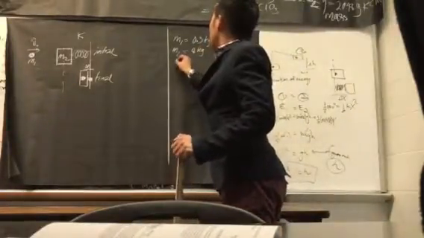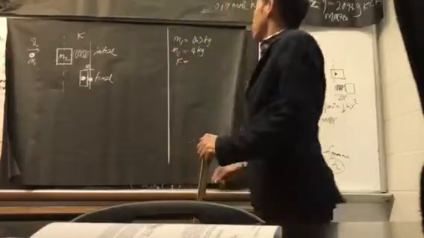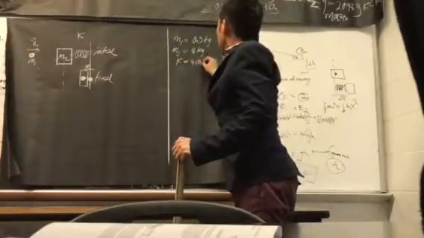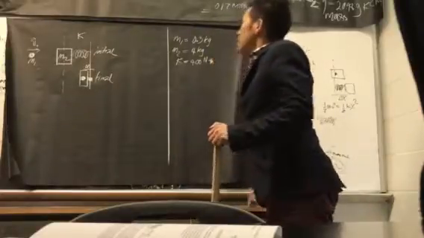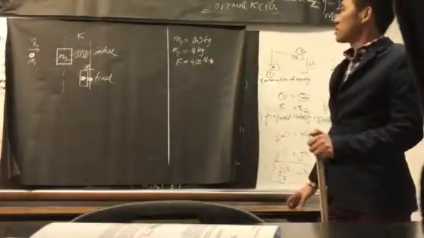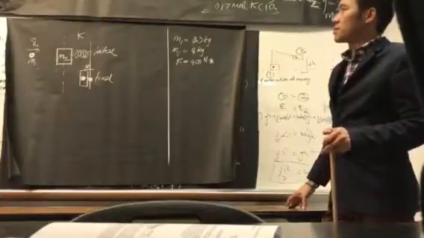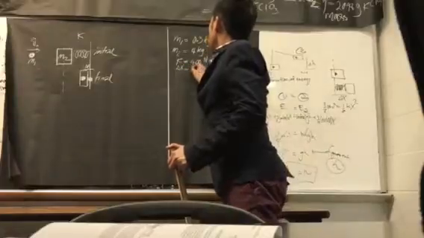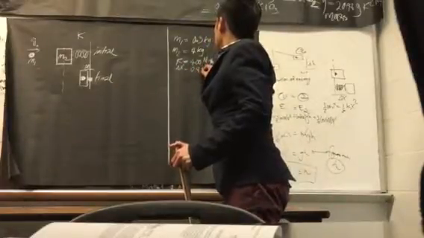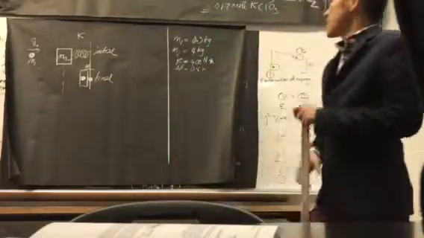What's the K constant? 400 Newtons per meter. And then what else do we know? We know the delta X, which is 0.8 meters. So these are the given information.